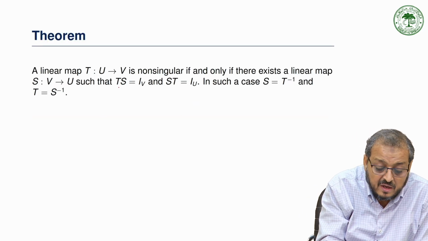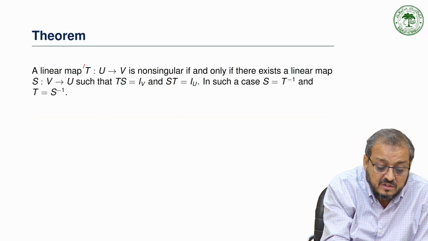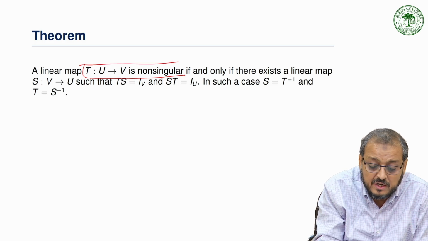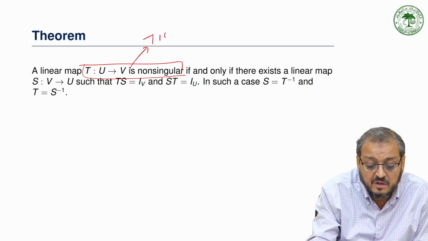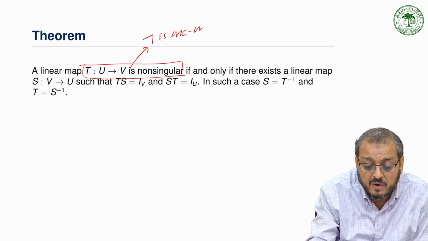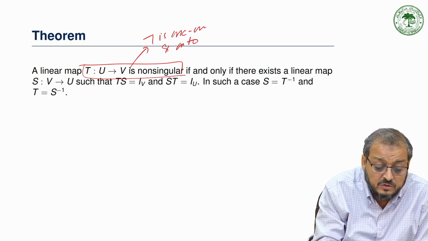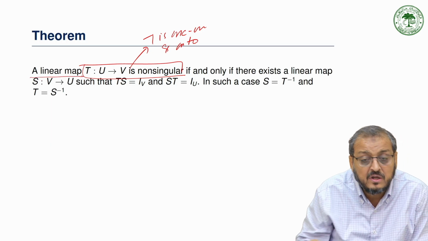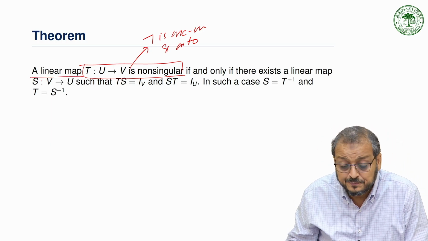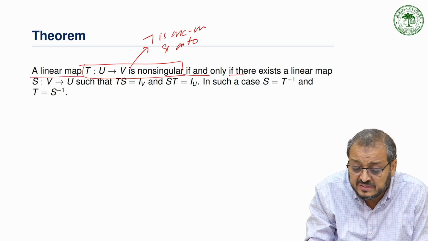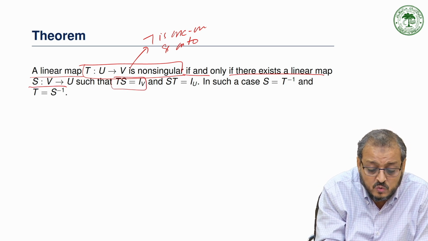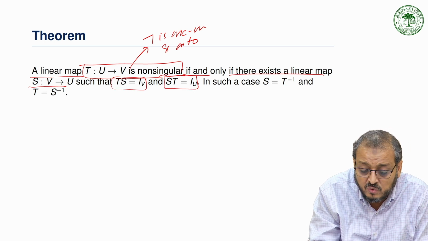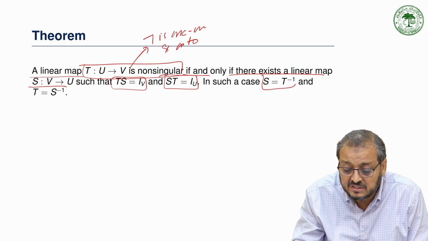We take a map T from U to V that is non-singular. Non-singular means T is 1-1 and onto. So what the theorem says is that a linear map T from U to V is non-singular if and only if there exists a linear map S such that T composed with S is equal to the identity of V and S composed with T is equal to the identity of U, and in such cases S is equal to T inverse.